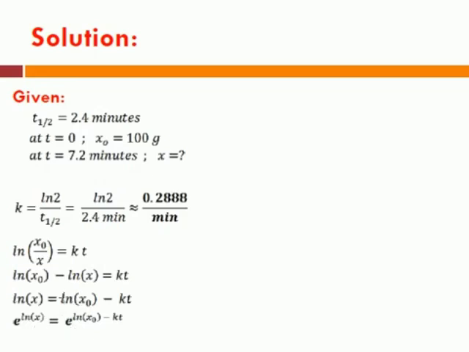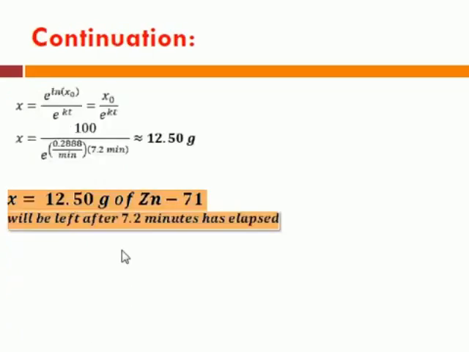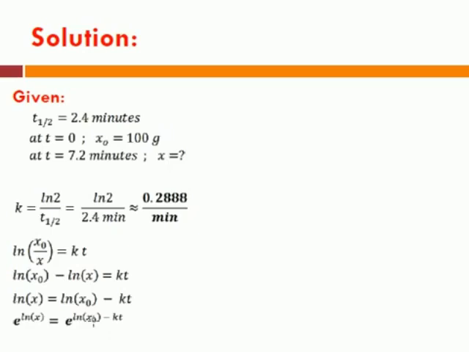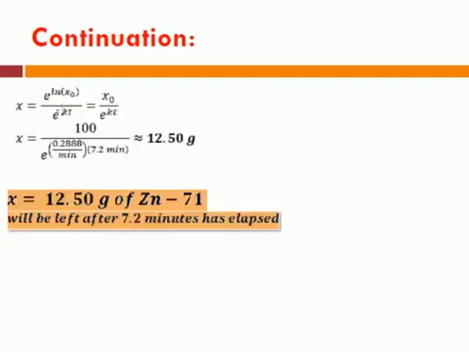And here, we can write this one also as, let's proceed with the next page. For multiplication of same base, we add the exponents. For division of same base, we subtract the exponents. Because here we have subtraction, we can write this as e raised to ln x sub o over e raised to kt, because division of same base means we subtract the exponent, so that is ln x sub o minus kt.